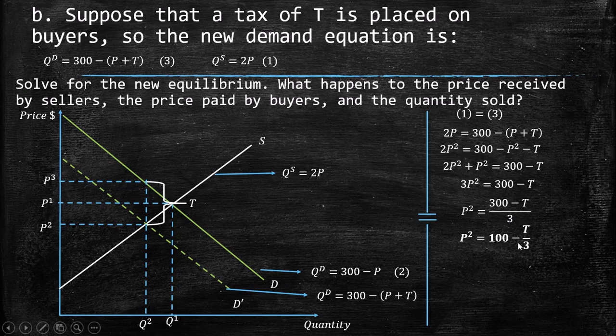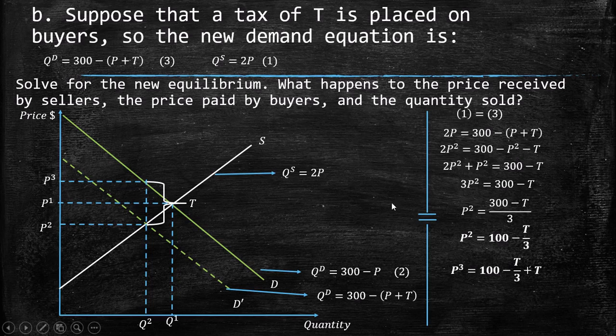So we have 100 minus T over 3. This is now the value of P2. Remember, Q1 was equal to 200, as we did before, and P1 is $100. So it makes sense, because P2 is lower than 100 by T over 3.